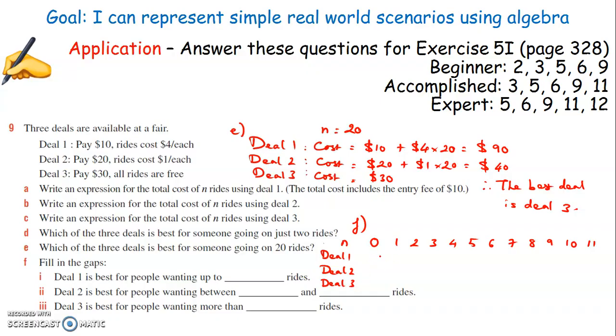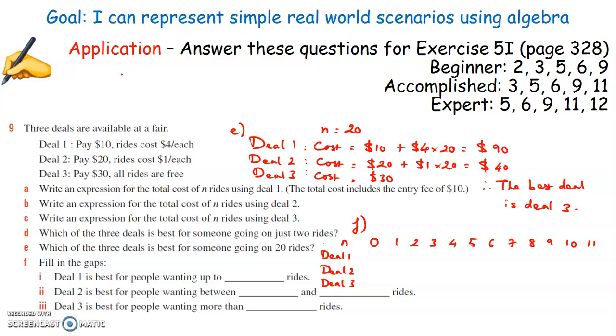So how does it work? We're going to substitute each of the values for n, each of these numbers, into the formulas for the deals. Okay, and I'm going to write the formulas again.